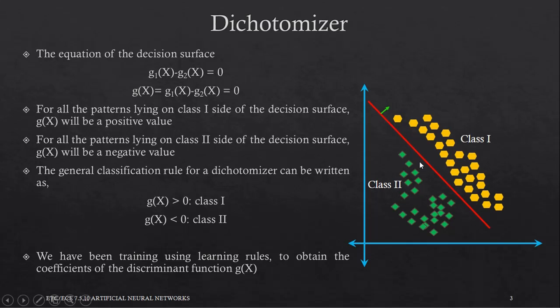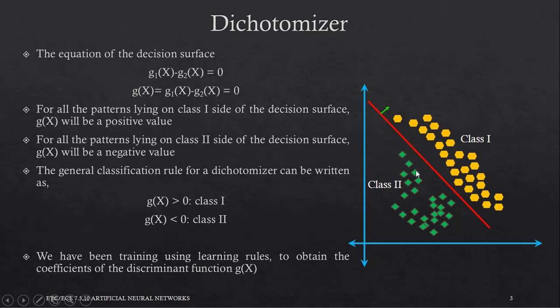That means for all the patterns lying on class 1 side of the decision surface, g1 of x will be greater than g2 of x, which means according to this equation, g of x will be a positive value. G of x will be greater than 0.